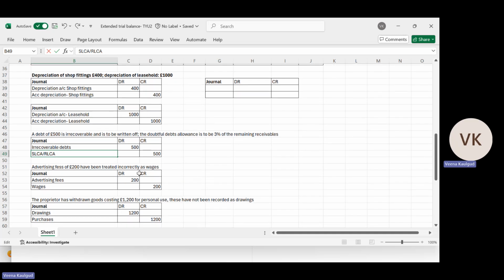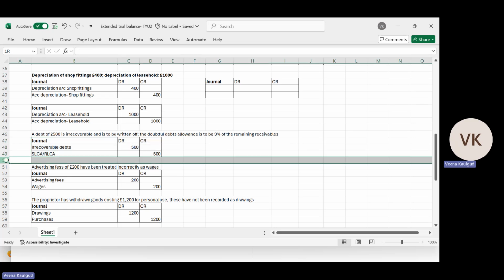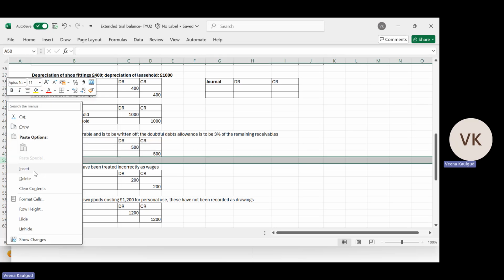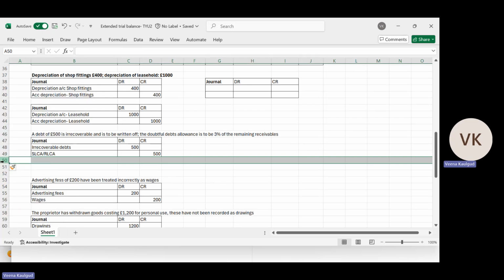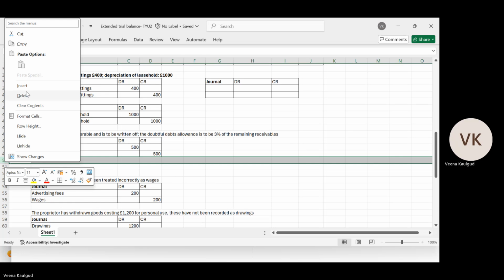Okay, then the next journal, I would just write it here. I need to put one more journal here, so I need to make a space for one more journal. Let me insert a few rows here. Insert.